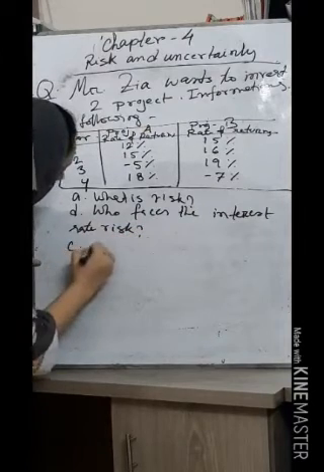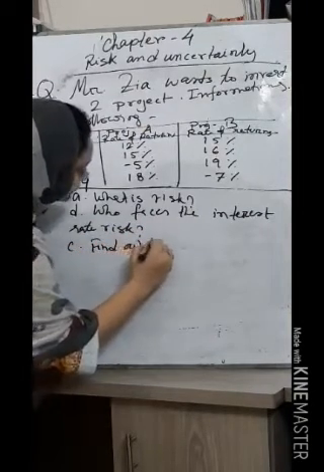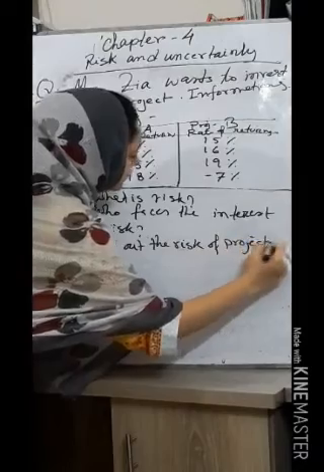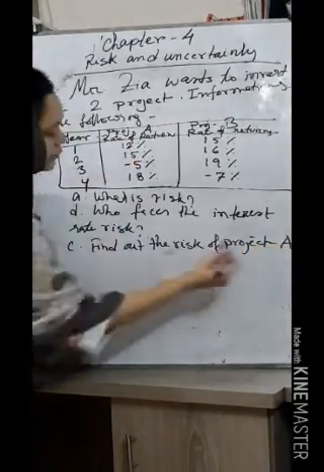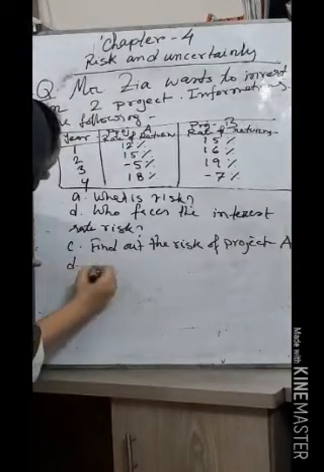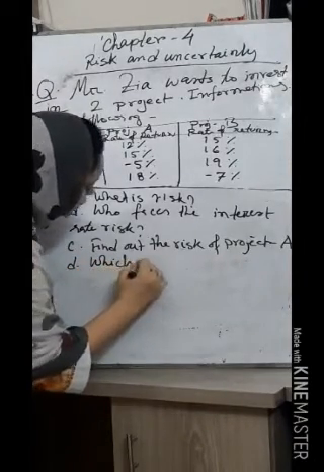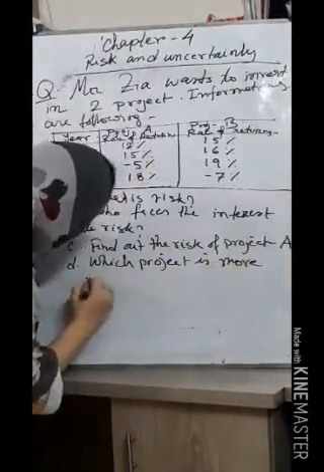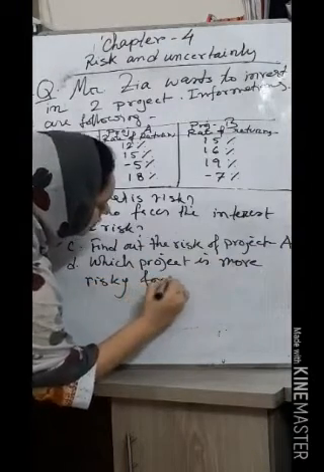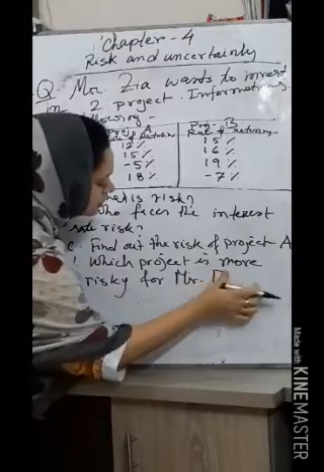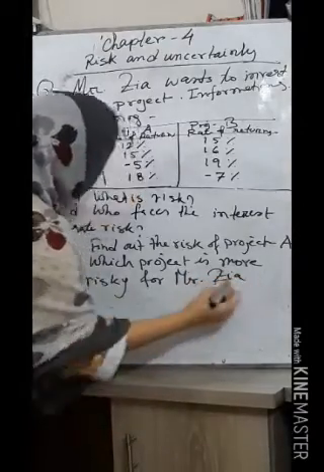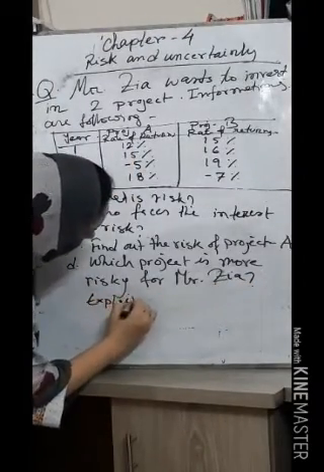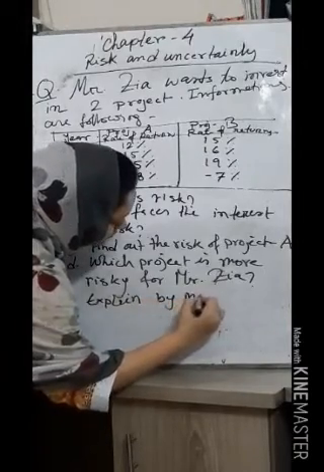Number C, find out the risk of project A. Number D, which project is more risky for Mr. Jia? Explain mathematically.